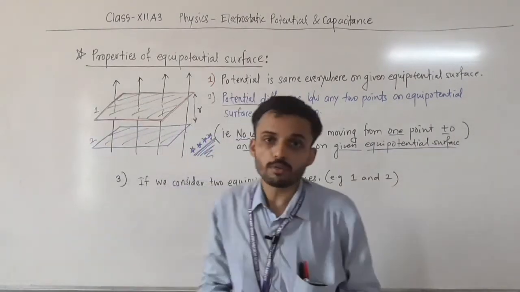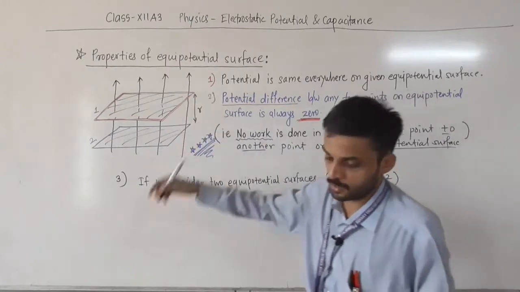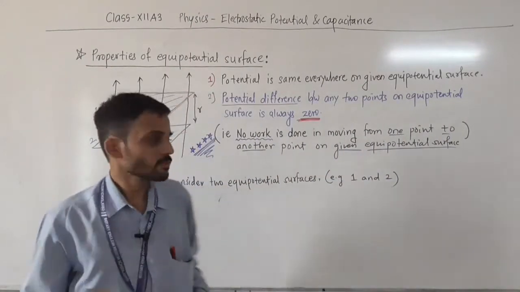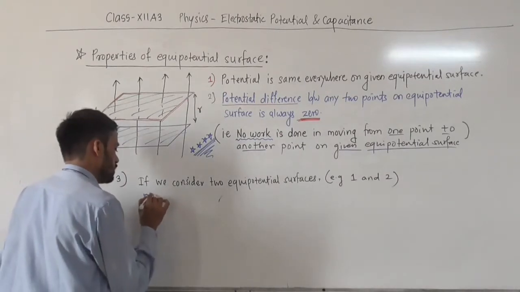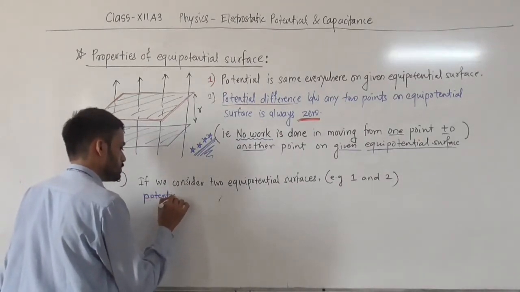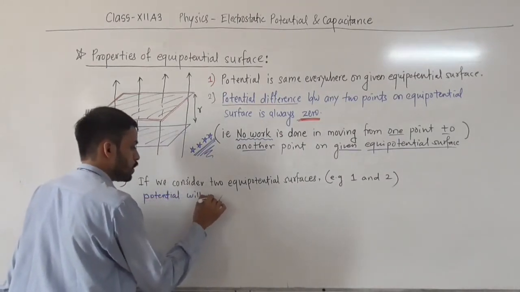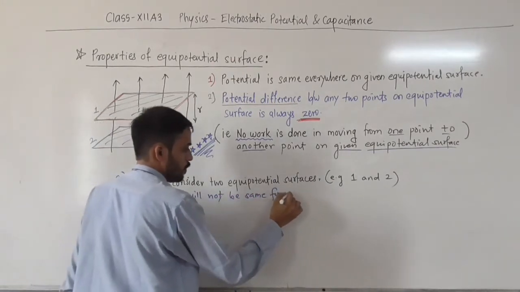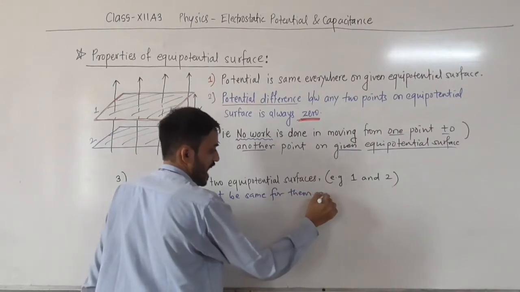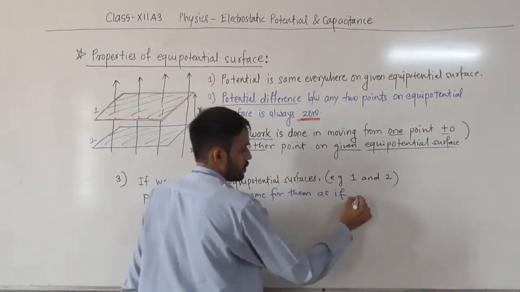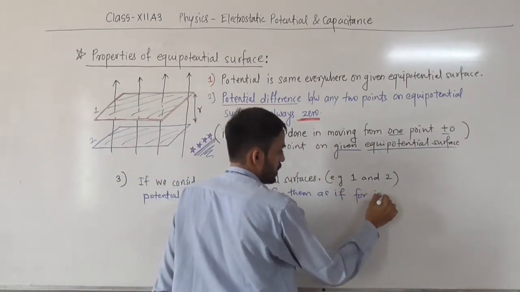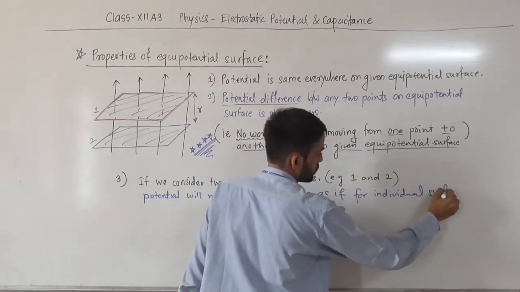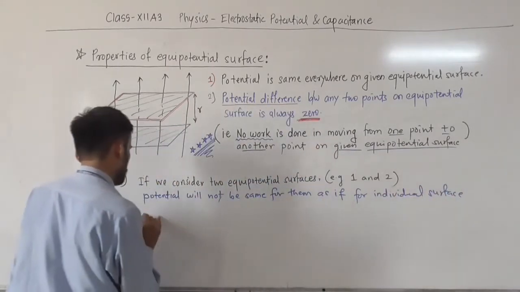So if we consider two equipotential surfaces, for example 1 and 2, potential will not be same for them, as for the individual surface it will be same.